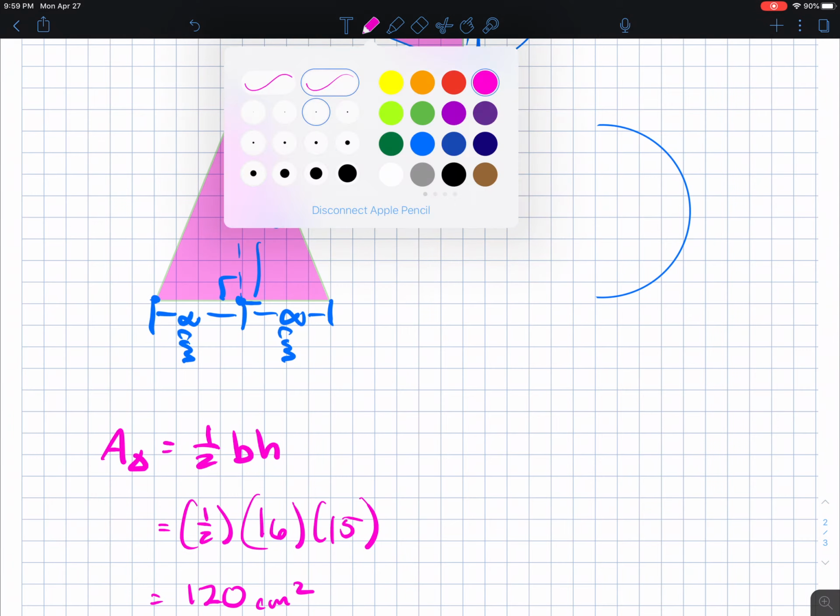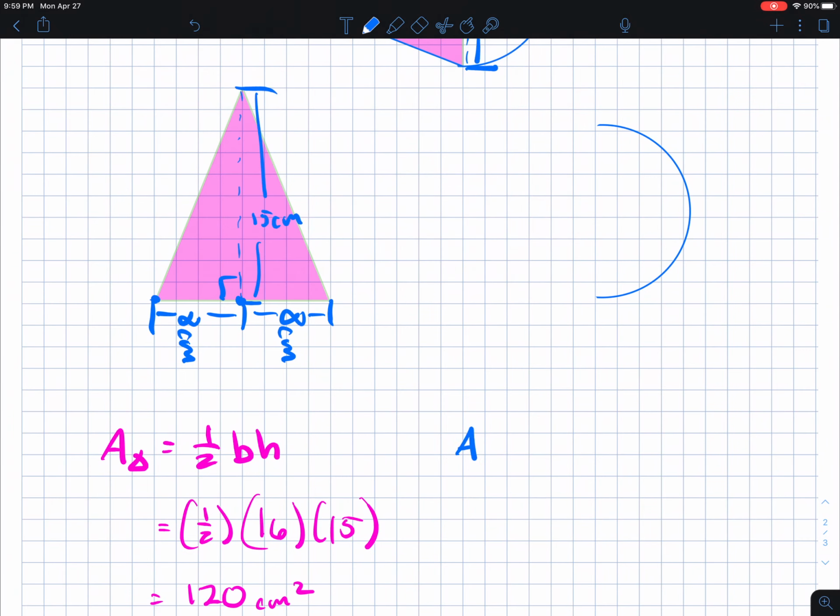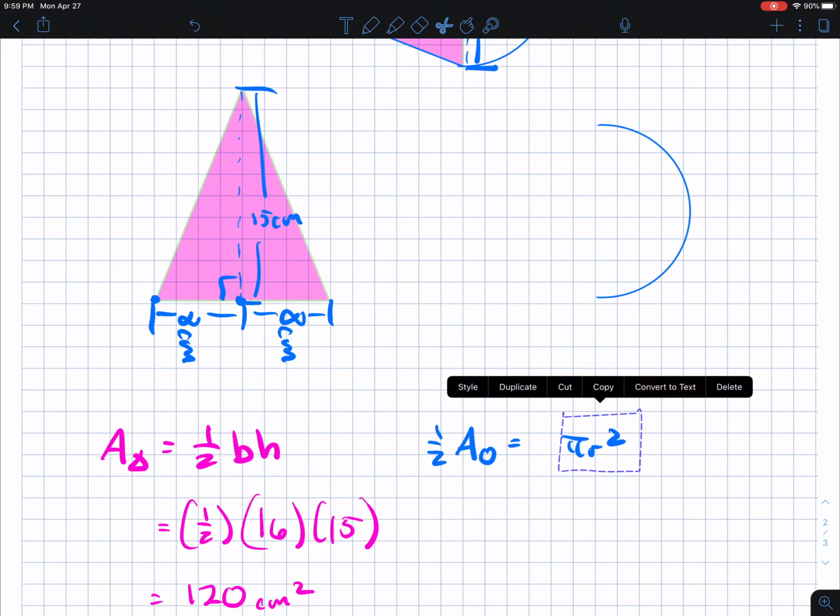Then the area of a complete circle is pi r squared. But since we have half the circle, we're going to do half of that. So our formula is going to be half pi r squared, because we have half the circle.